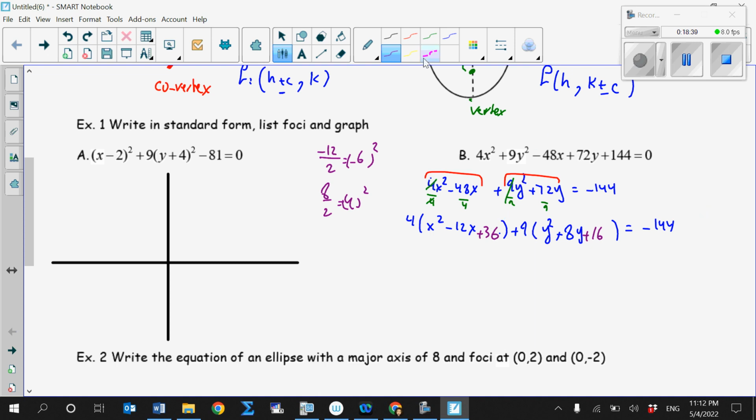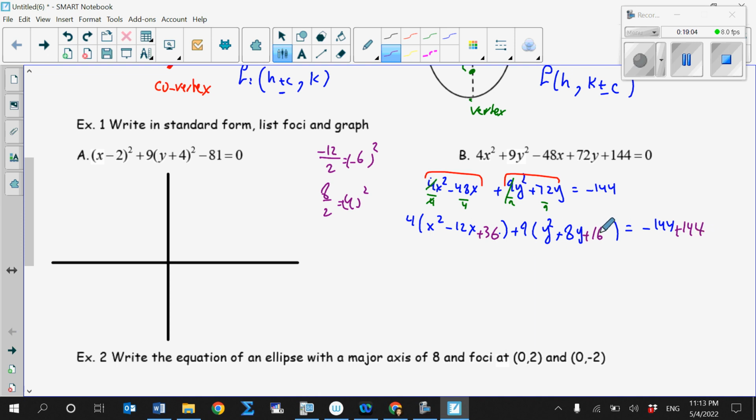But here's the thing, in this case, I have not added 36. Basically, I have added 4 times 36 because this 36 is inside this parenthesis. So I added 4 times 36 to the left side. I'm going to add the same thing to the right side as well. 4 times 36 is 144. So I add it.